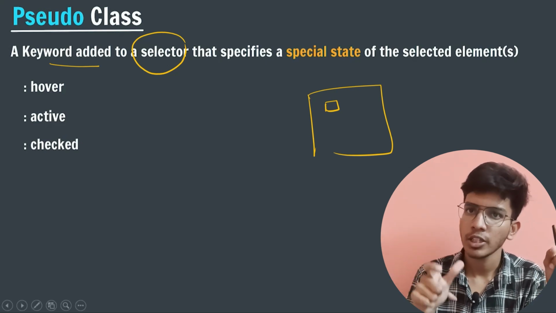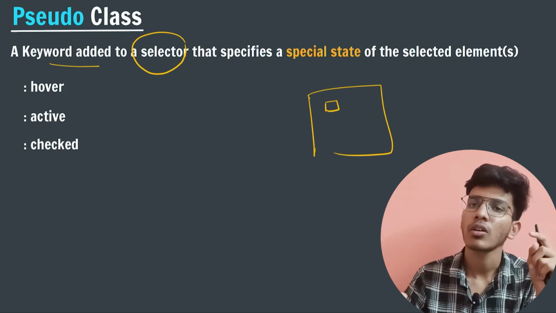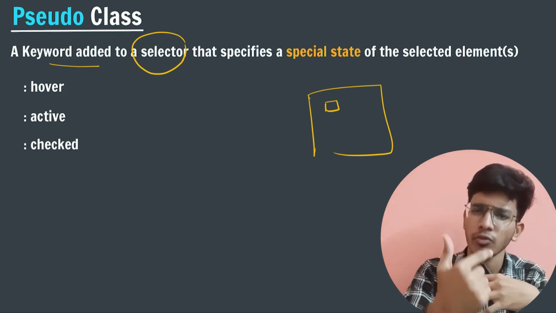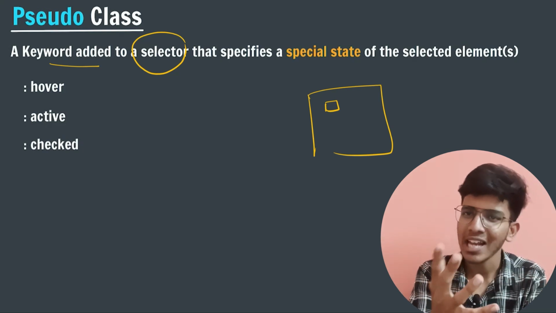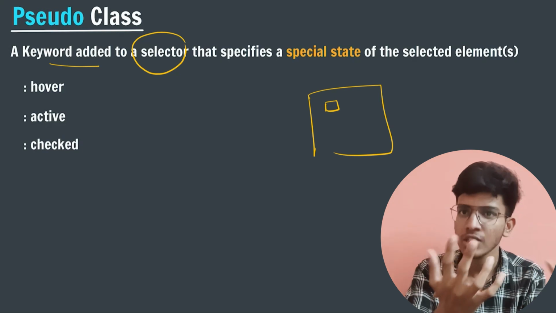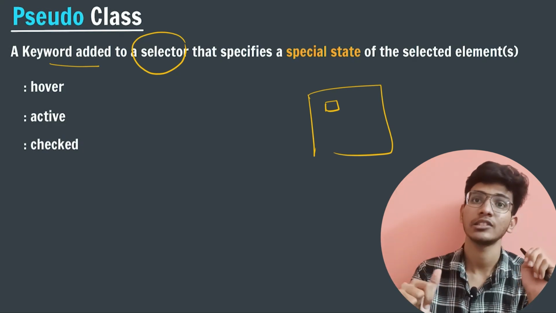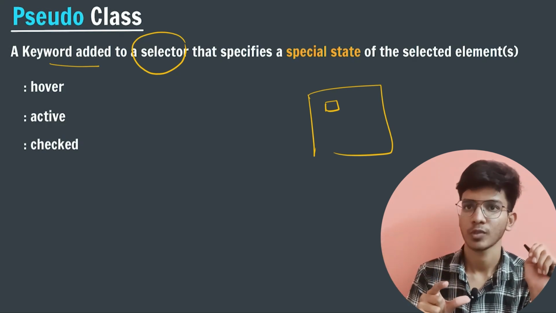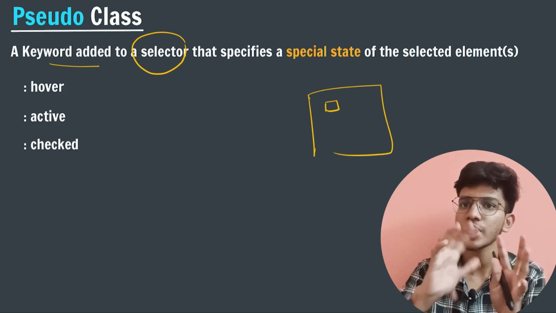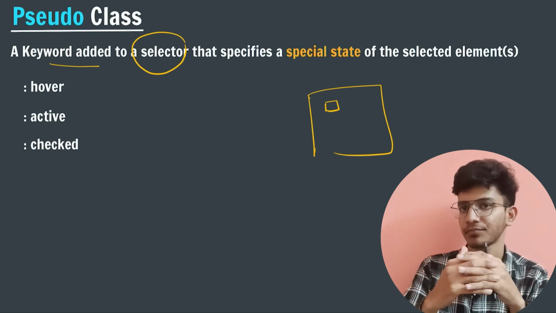Now what you want is that whenever you hover over a button, or whenever you are clicking a button, you want something to happen. You want some animations to come, or you want to change the background color of that button. To create this kind of thing, you use a concept called pseudo class, and a pseudo class will change the state of that particular element.